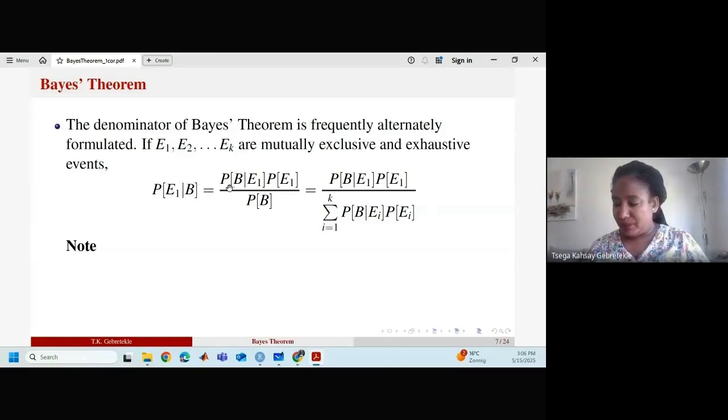It will be the probability of B given Ei times the probability of Ei, divided by the summation of the probability of B given Ei times the probability of Ei.